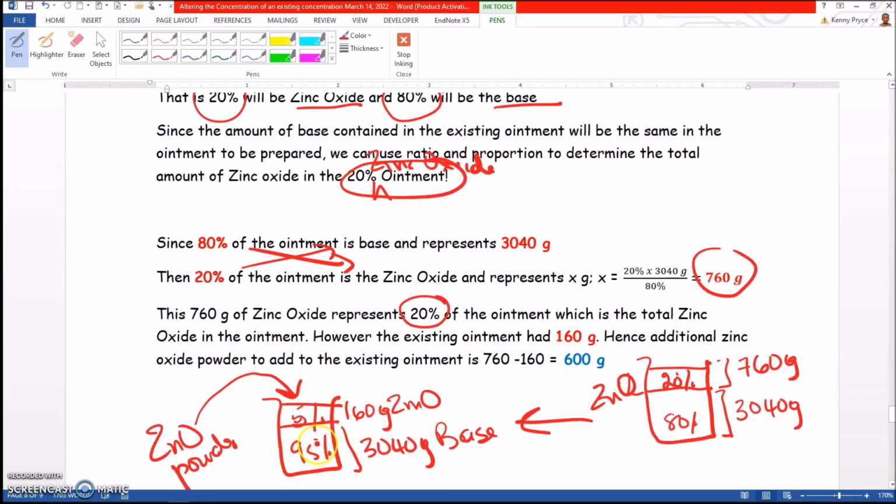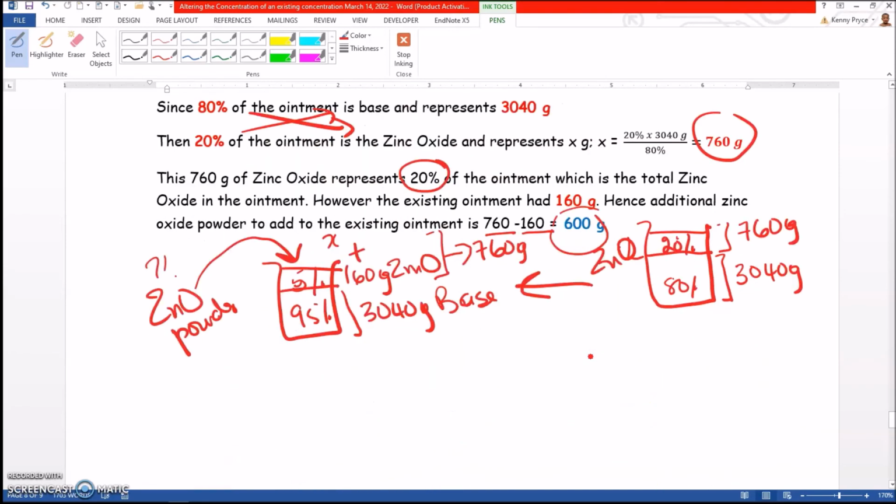We're adding to this such that we will have a total now of 760. So you're adding something to this 160 grams of zinc oxide to get 760 grams. So in order to determine what it is that you added to this existing 160 grams of zinc oxide to end up with 760, the most logical thing to do is to subtract 160 from the 760, and you get 600.